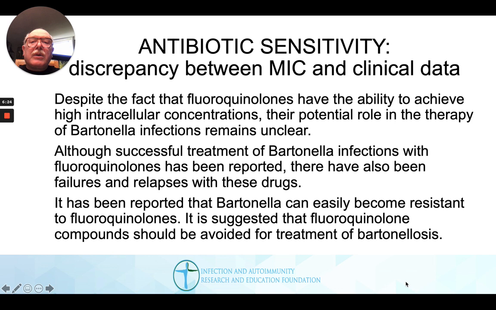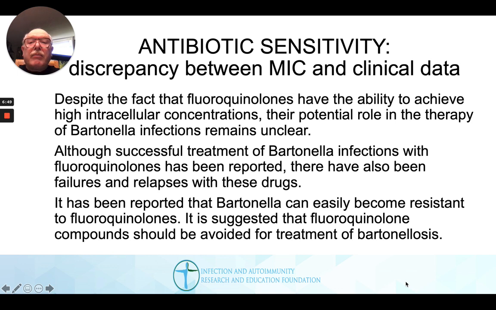Another issue is the use of fluoroquinolones, such as ciprofloxacin and Levaquin. These are antibiotics that are extremely popular in general practice, and their role in the therapy of acute Bartonella infections remains unclear. We don't use them for patients with chronic Bartonella, first of all, because of a number of complications.